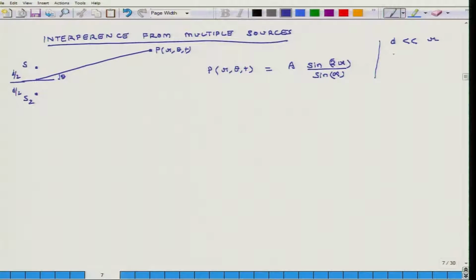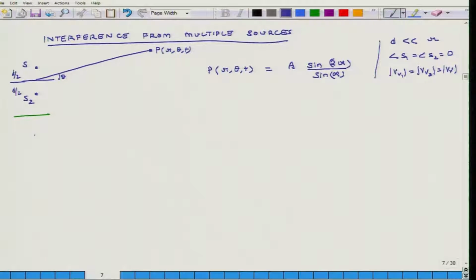The second was that the phase of S1 is the same as the phase of S2, equal to 0 degrees. And the third assumption was that the volume velocity magnitudes were the same. If these three assumptions hold, then this is the expression. So, that was for two sources.